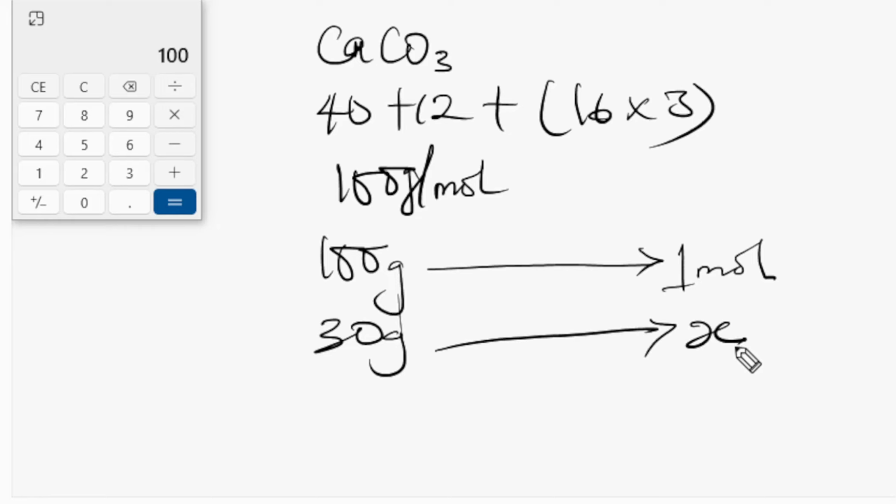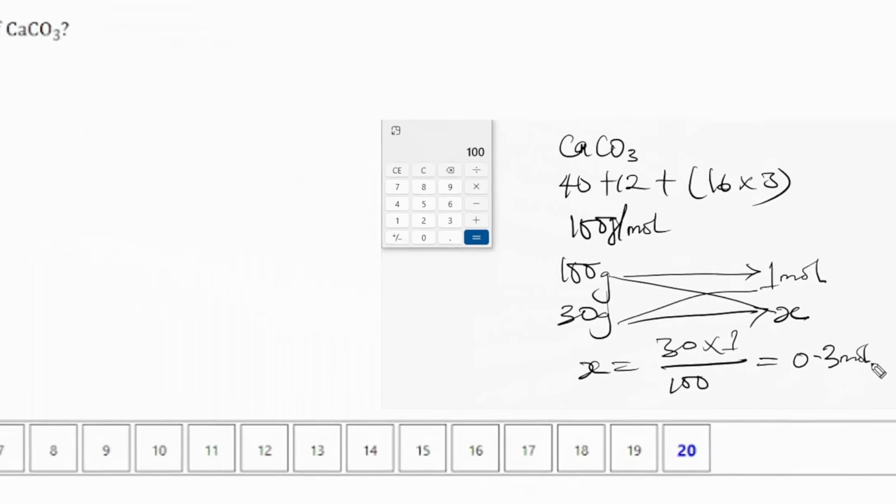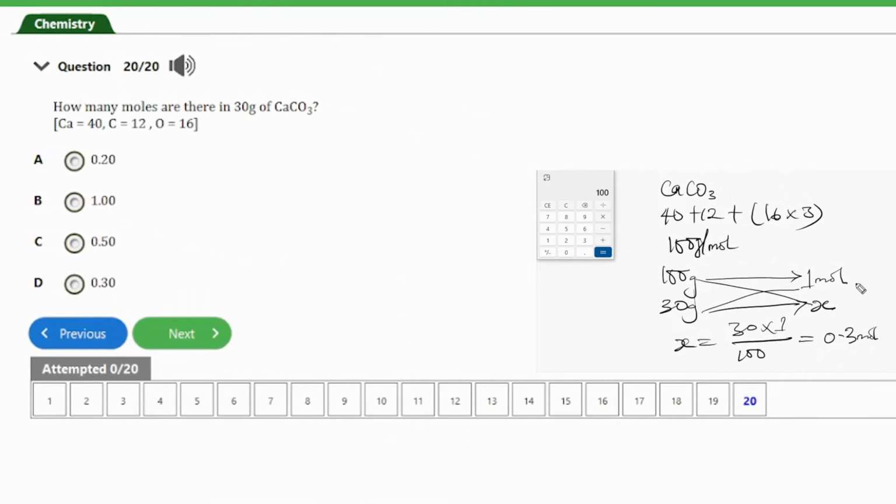So 30 grams will give us x here. We'll cross and multiply here. So we have x to be 30 times 1 over 100. So this will give us 0.3. So this is 0.3 moles. So guys, that's option D here, and that's the answer to this question.